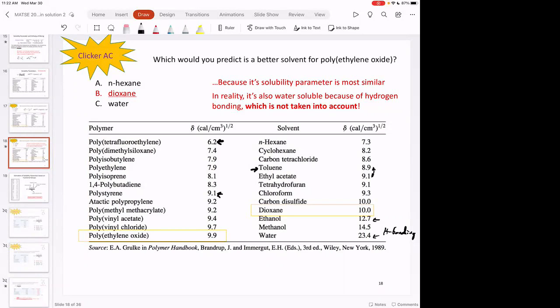I was just wondering, does this not take into account polarity, like polar and non-polar molecules? It takes into account non-polar interactions, but it doesn't do a good job at capturing interactions between a polar molecule and a non-polar molecule. We get that right from the idea of water and ethanol.